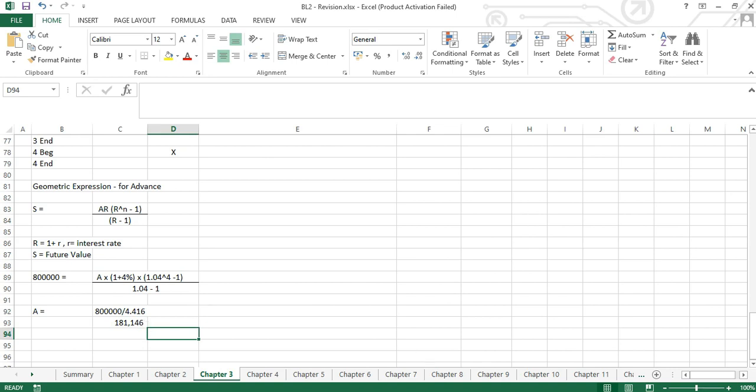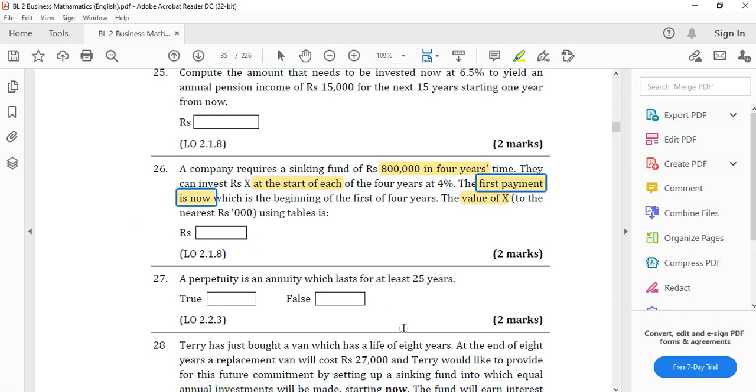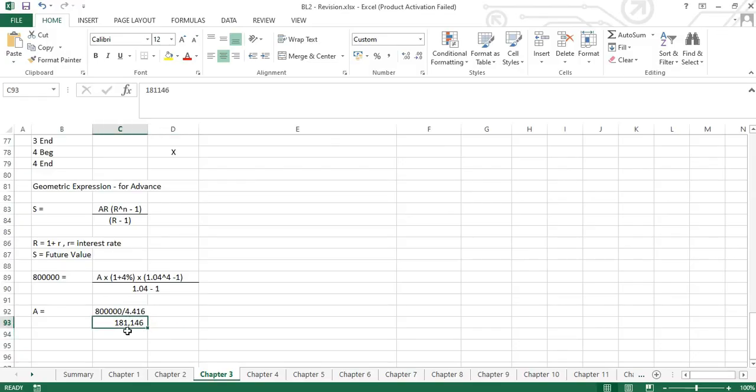So the answer: they are asking for it to the nearest rupees 1000. You all know the thousands place here is this particular 1. To the nearest 1000 means, first step in rounding off, we identify the place value of the number. The place value here is 1000, which is this 1.